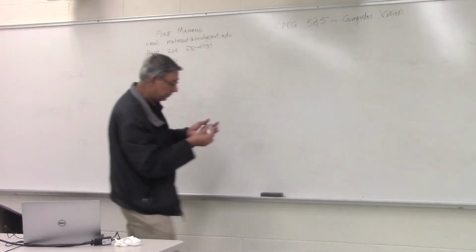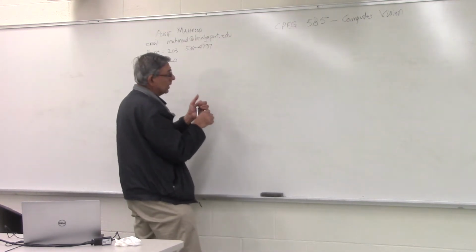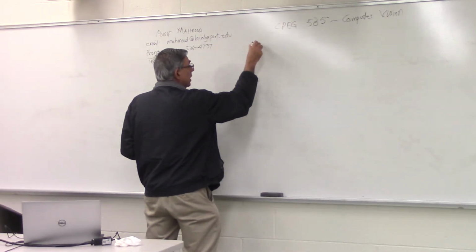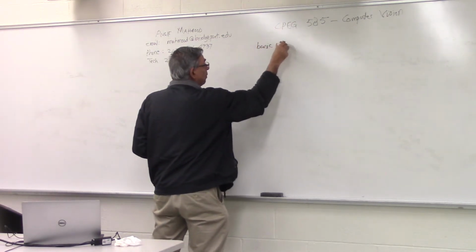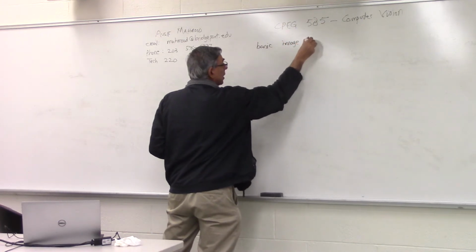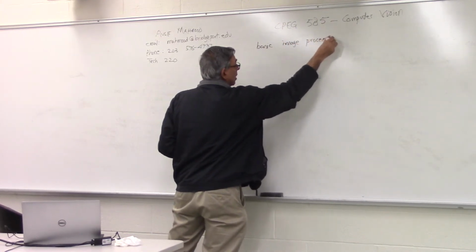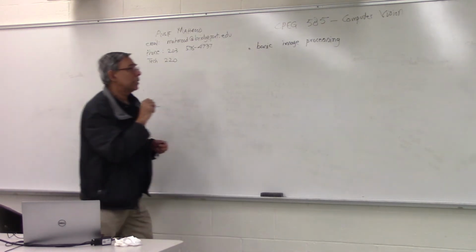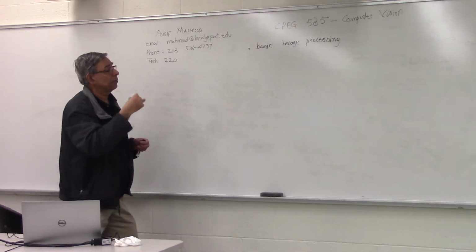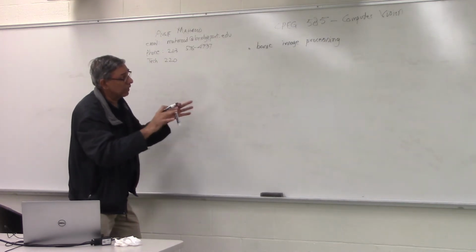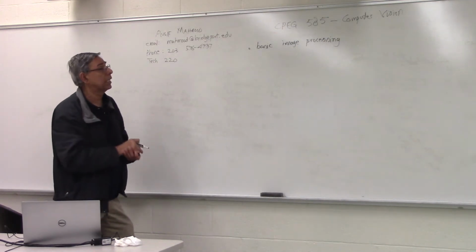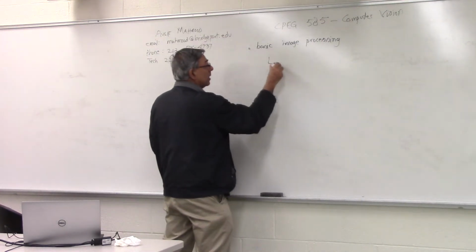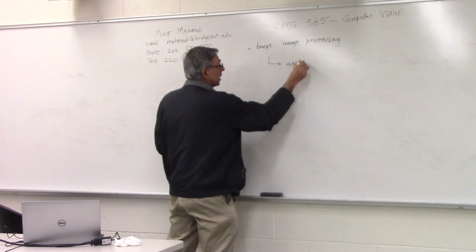Okay. Anyway, what we'll do in this course, just to give you an idea, is start out with basic image processing. As we do image processing, often, if the image is not very clear, we try to enhance it. So some of the enhancement techniques are basically applying filters.